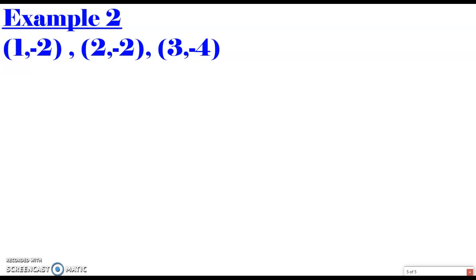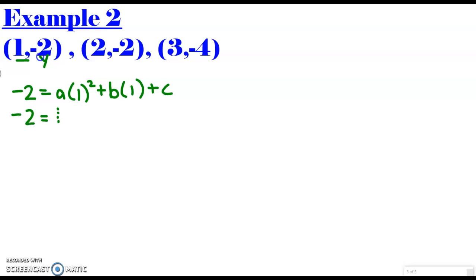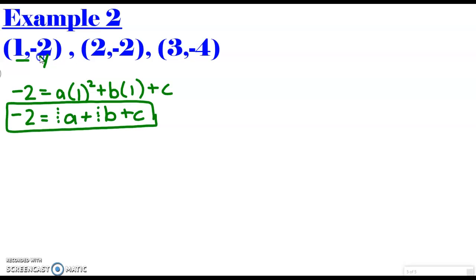All right, so same game here. We've got 1, negative 2. So y is negative 2, x is 1. So negative 2 equals a times 1 squared plus b times x is 1 plus c. So that'd be negative 2 equals 1a plus 1b plus c, first equation.